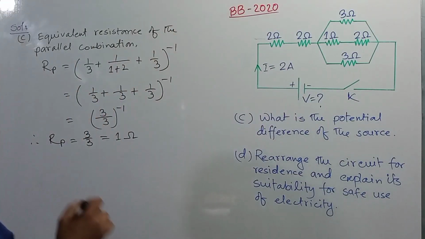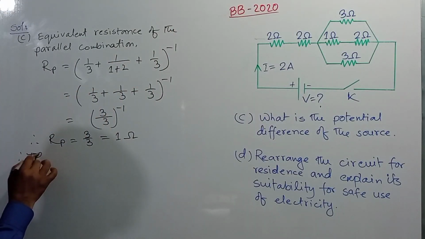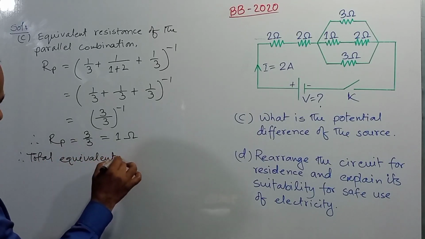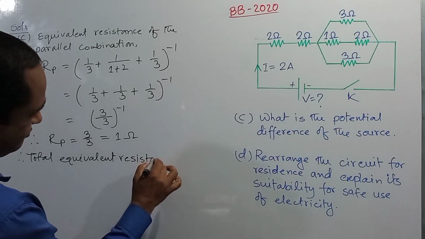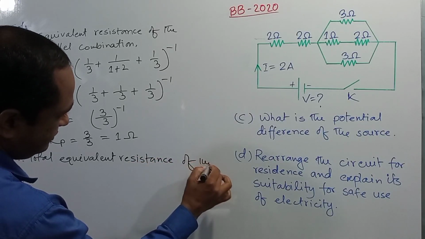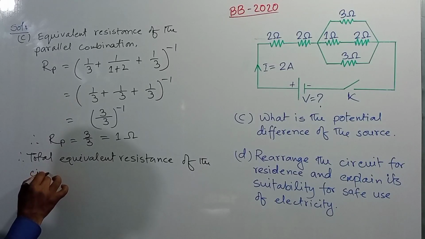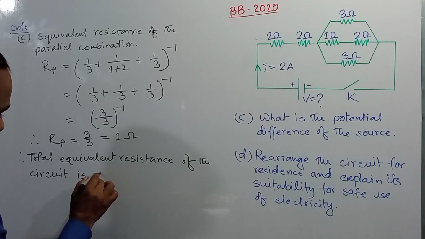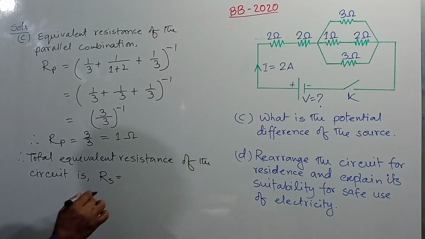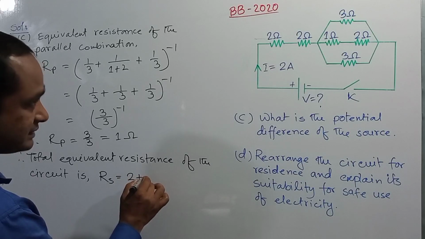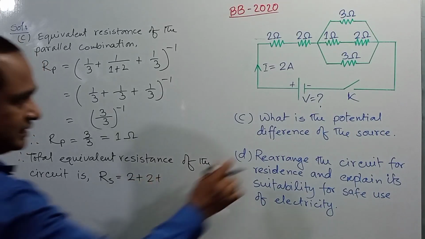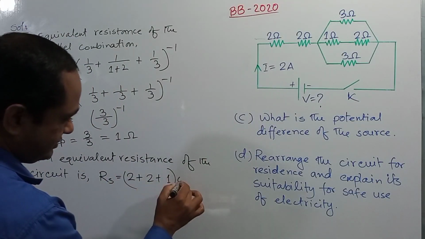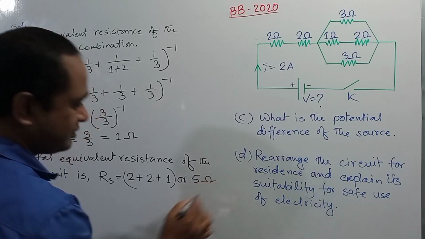So the total equivalent resistance of the circuit, if denoted by Rs, then Rs will be 2 plus 2 plus, and the equivalent of this portion is 1, so it will be 5 ohm.